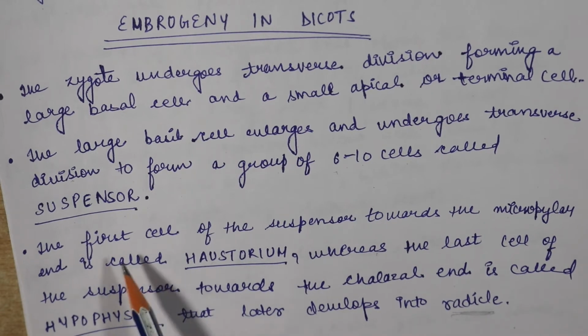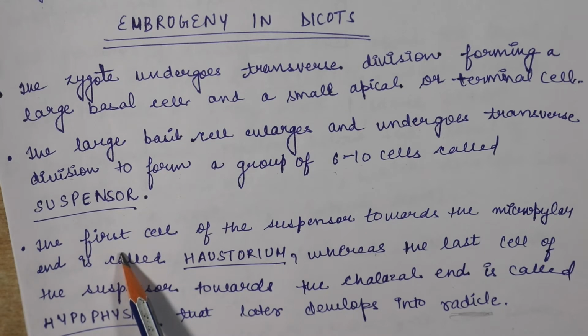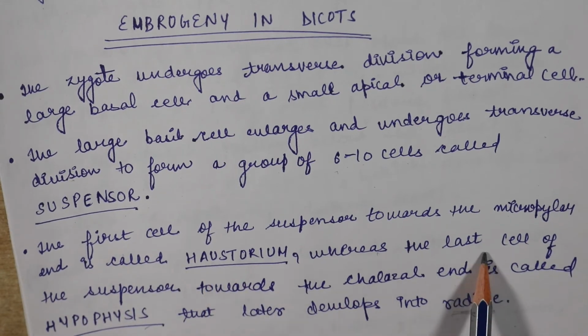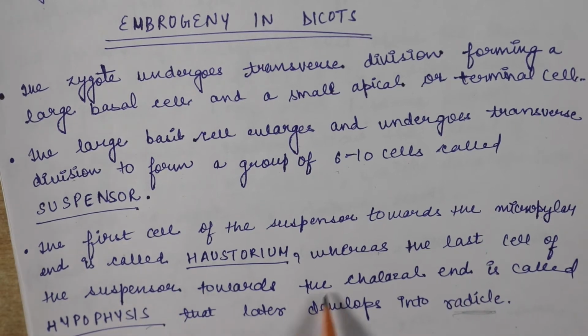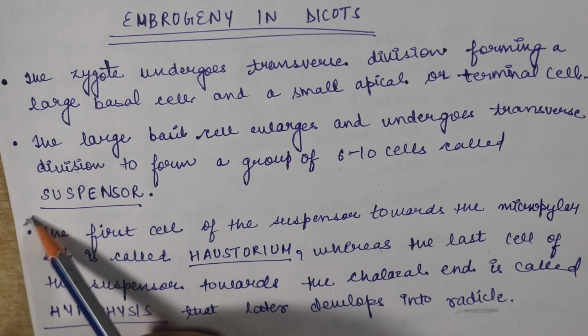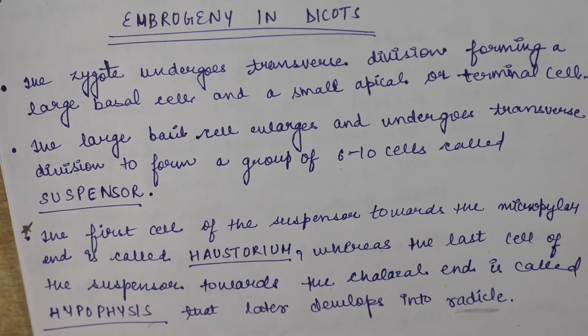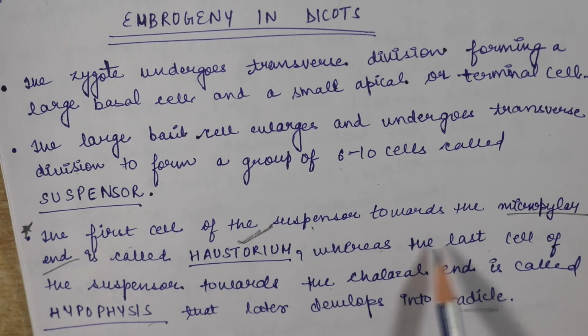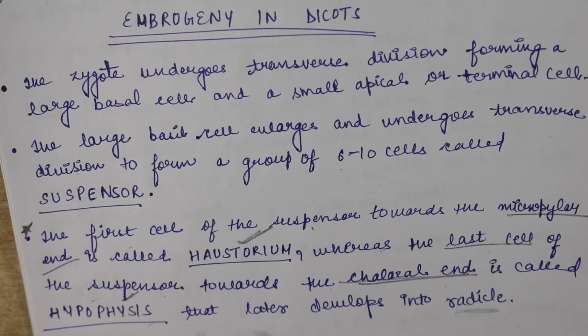So you have to learn and remember that the first cell of the suspensor towards the micropylar end is known as haustorium, whereas the last cell of the suspensor towards the chalazal end is known as hypophysis and later develops into radicle.